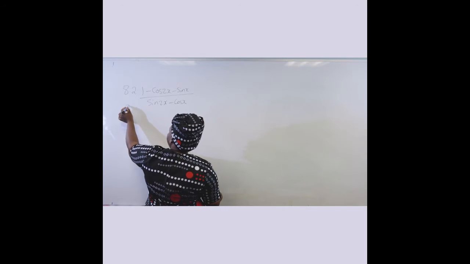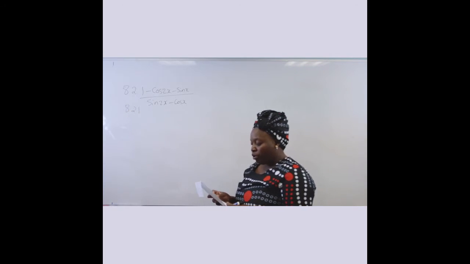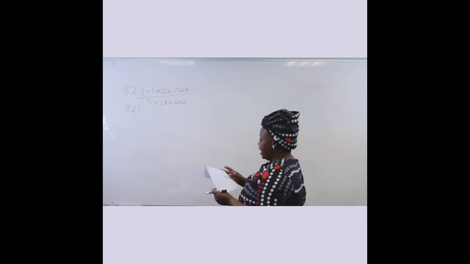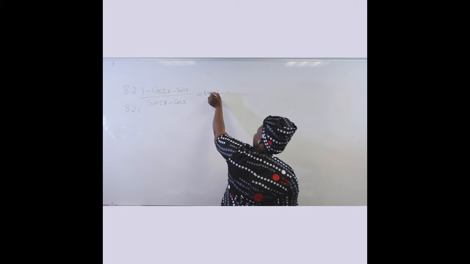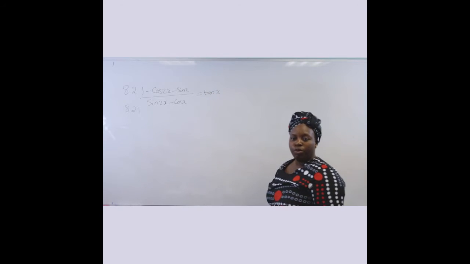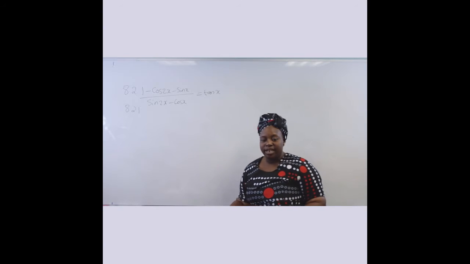Now, in 8.2.1, we were told that we need to prove that this expression will be equal to tan x. So we need to prove that our left-hand side equals the right-hand side.